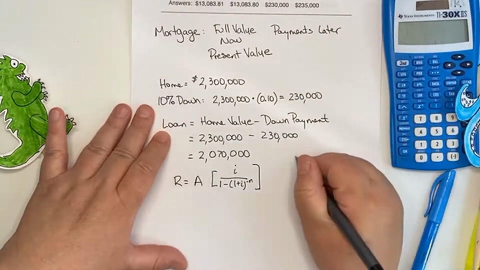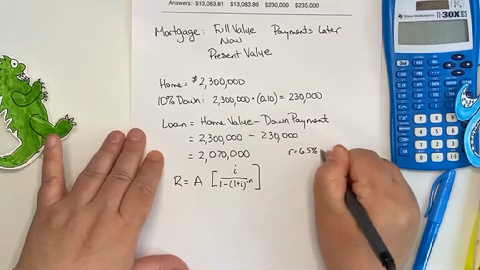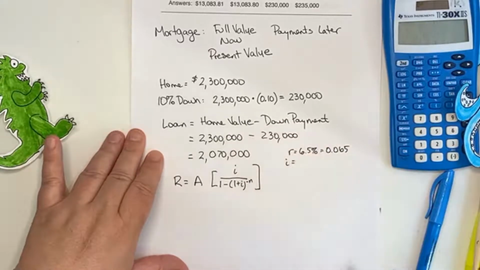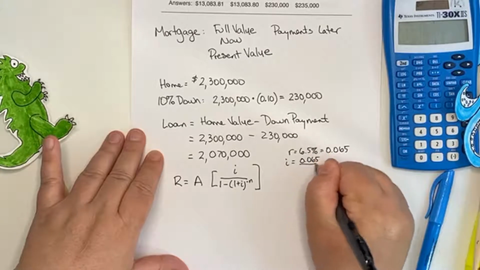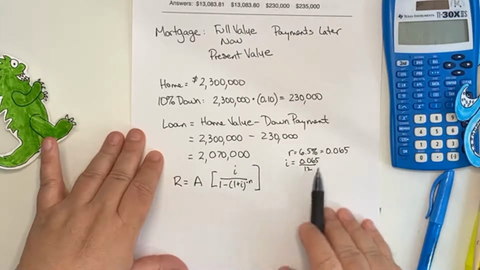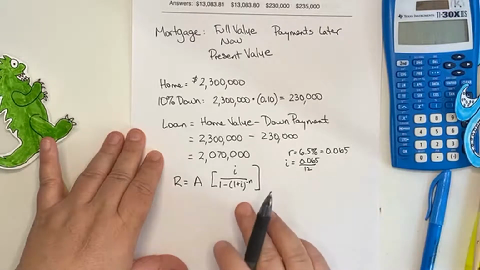So our interest rate is 6.5%, which is 0.065. So our interest rate per period is going to be 0.065 over 12. Now, a lot of people would look at this and go, oh, I'll just write it out as a decimal. If you do that, you will make mistakes in this problem.